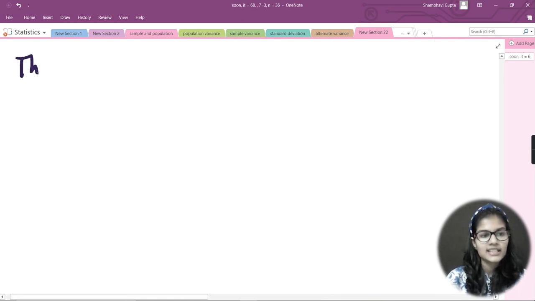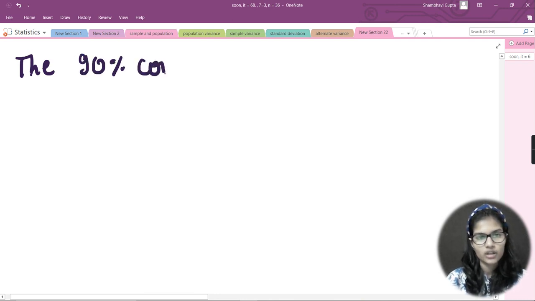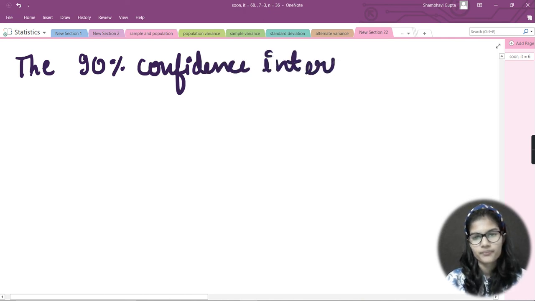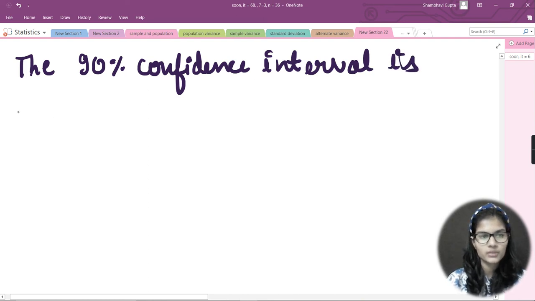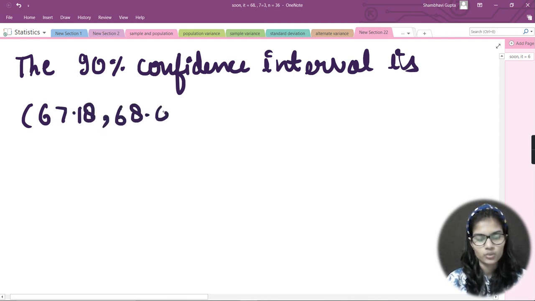Now, let's compare the 90% and 95% confidence intervals. What was the value for the 90% confidence interval? I remember that was something about 67.18 and 68.82. So the 90% confidence interval is this much. So this is the first thing.